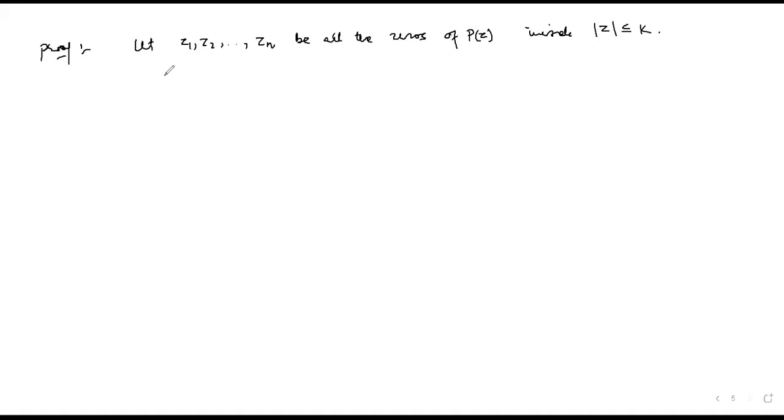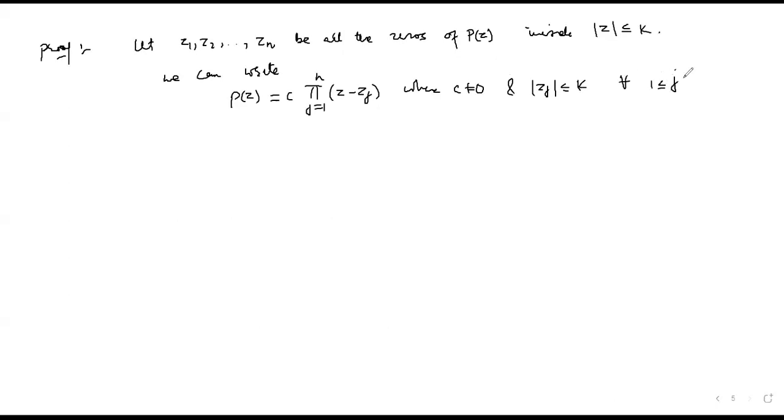We can write p(z) as, you know, we can just factorize it: the product over j from 1 to n of (z minus zj), times a leading coefficient which of course cannot be 0 क्योंकि degree n है, and modulus of zj is less than or equal to k for all j running between 1 and n. So again, taking logarithms and differentiating, जैसा कि हम करते हैं.